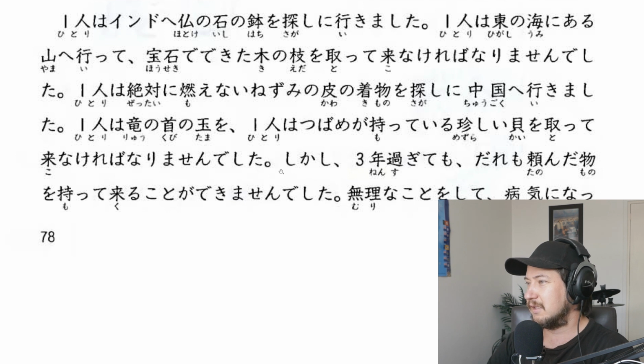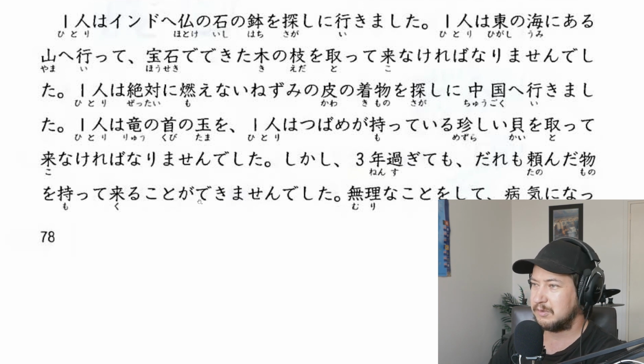Alright. しかし3年過ぎでも誰も頼んだものを持ってくることができませんでした。So, but 3 years passed and no one brought anything, basically. 誰も頼んだものを持ってくること。Yeah.